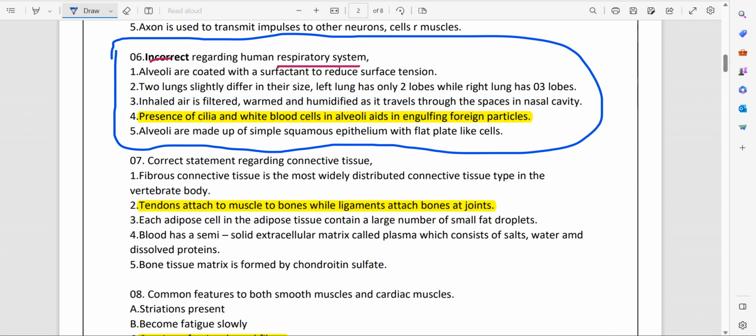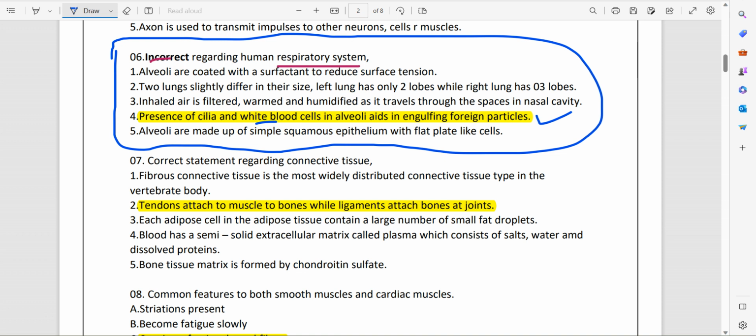So what I have done when creating this question was: presence of cilia and white blood cells in alveoli aids in engulfing foreign particles. When you just read this, it's very convincing. It's true that cilia support us in protection, and it is true that WBCs give protection by engulfing foreign particles. That's logically correct.